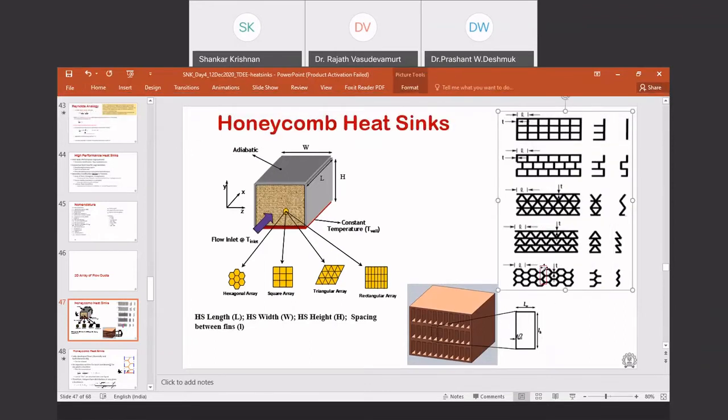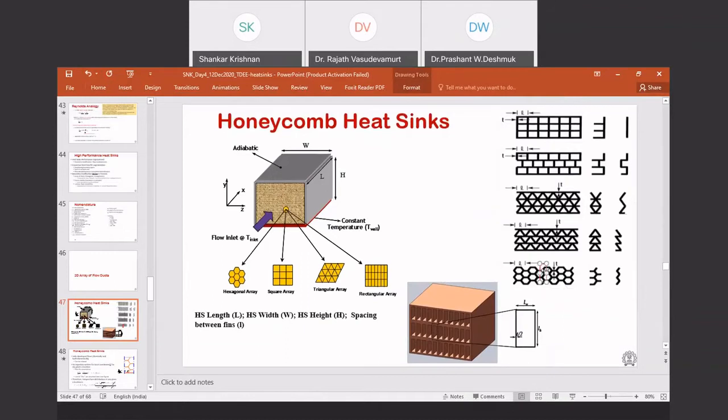So here's the hexagonal unit cell, that's how it will look. And if I remove these lateral fins, you will get this corrugation. So that's what this is.